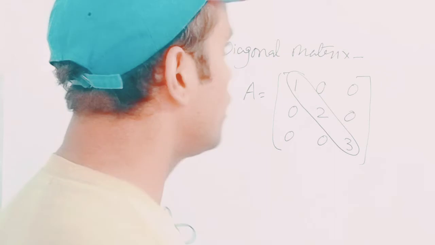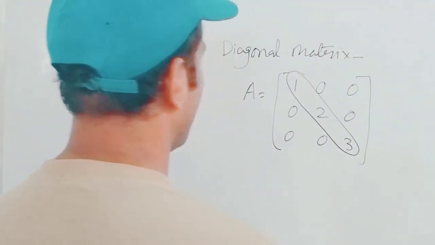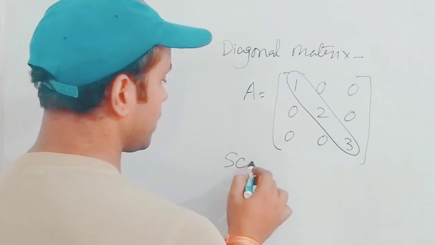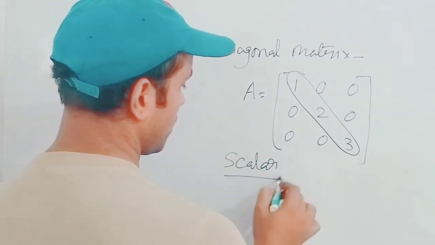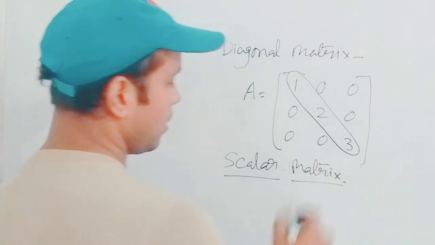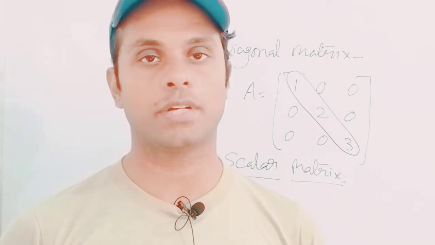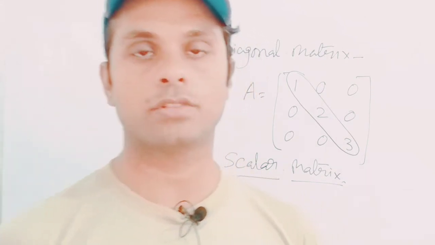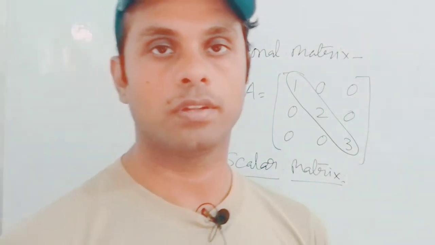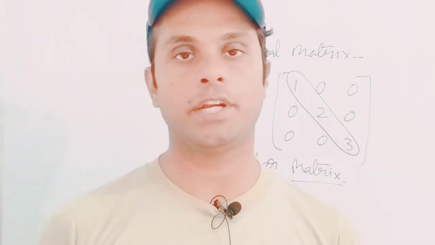Okay, now the fourth one is a scalar matrix. So what is a scalar matrix? A scalar matrix is a diagonal matrix with all the non-diagonal elements 0 and the diagonal elements always equal. Okay, so how to define a scalar matrix? I repeat it again.